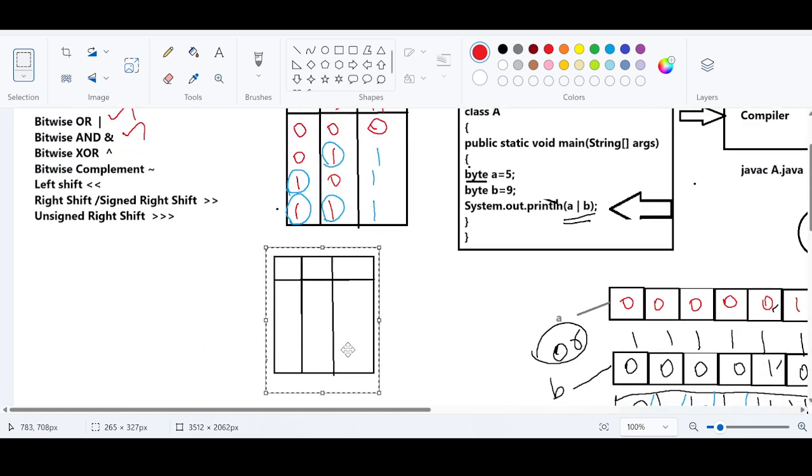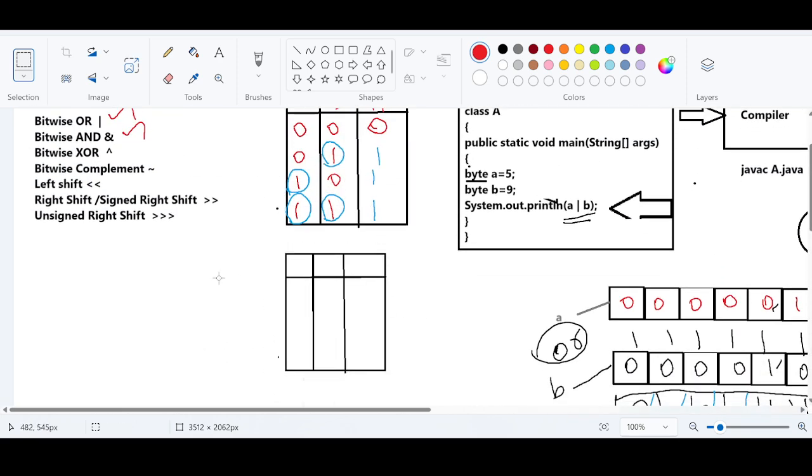Let me introduce the truth table. Okay. We have any two inputs, A and B, right? And you want to perform AND operation between these two inputs. Then the combination of inputs can be 0 0, 0 1, 1 0, 1 1.